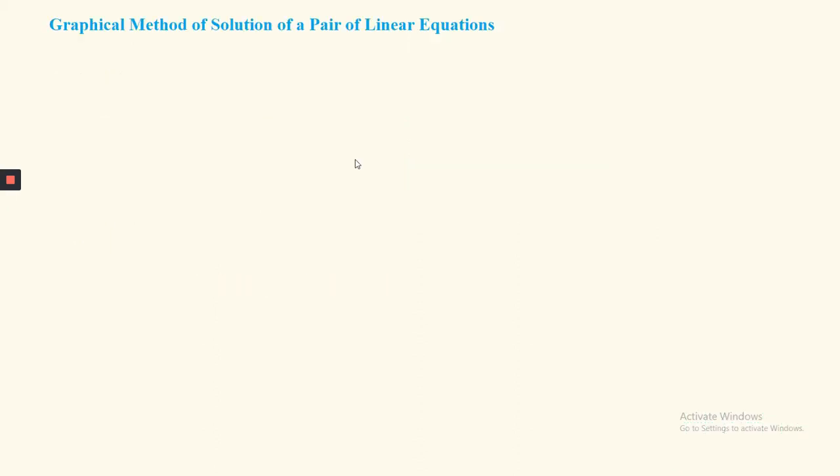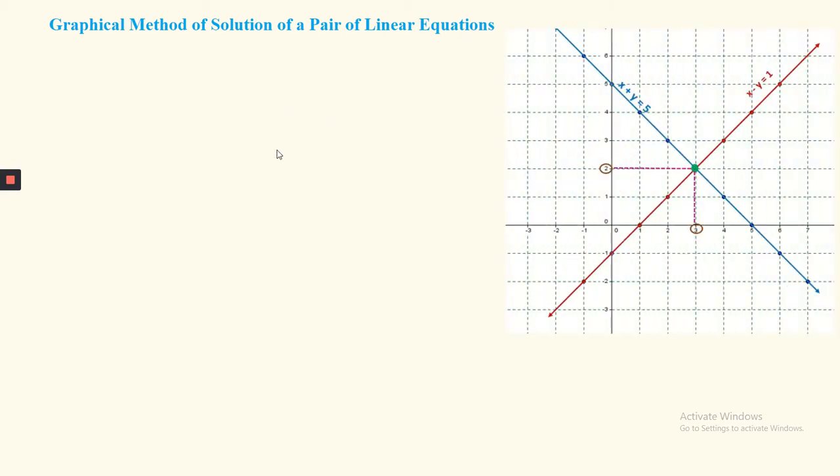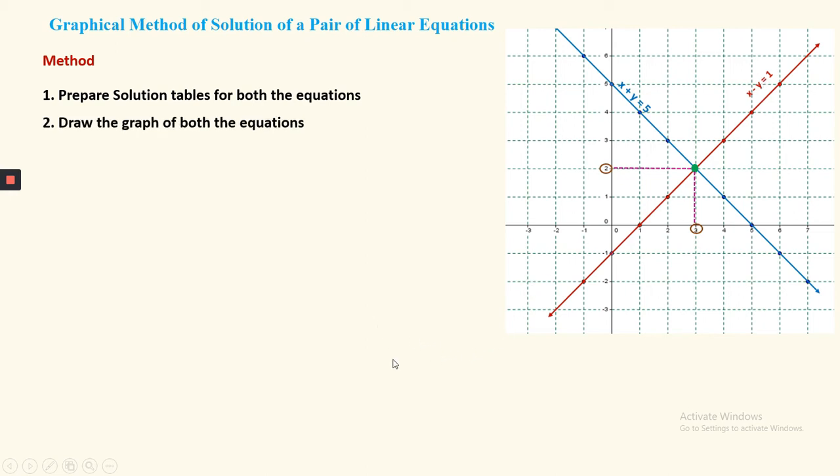How do we get the solution of a pair of linear equations? Let us summarize the procedure. The first step is to prepare the solution tables for both the given equations. Then draw the graph of both the equations.